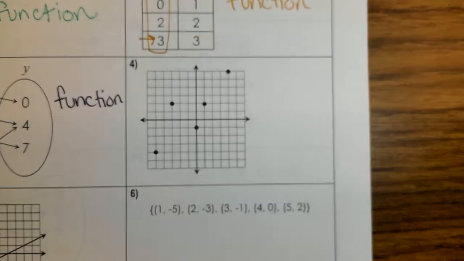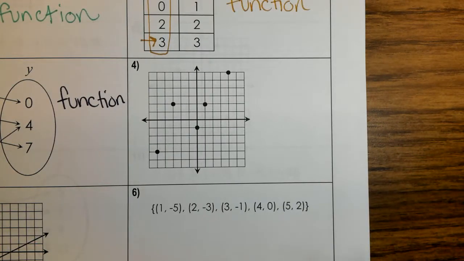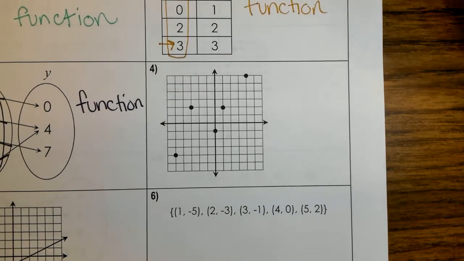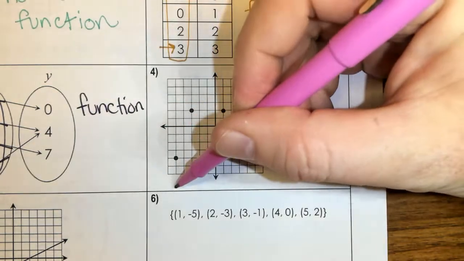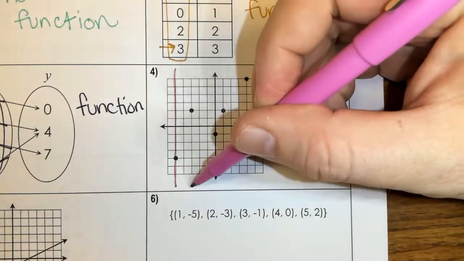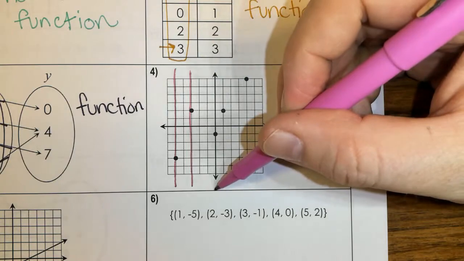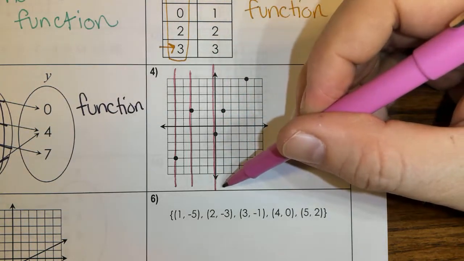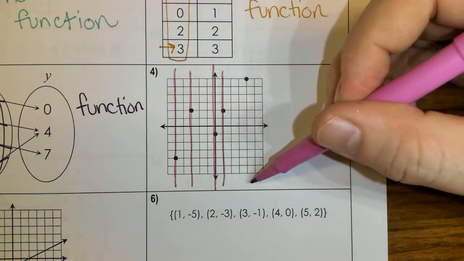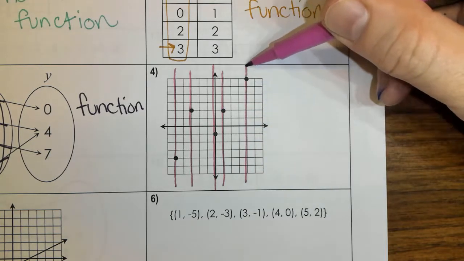Alright, next one, we have a graph with some points plotted. Now remember, for a graph, you have to do what's called the vertical line test. This is where I draw a vertical line, and I should never pass through more than one point on the graph.